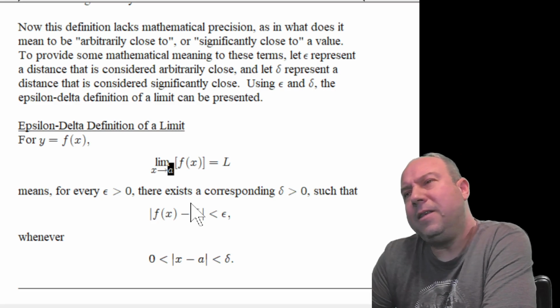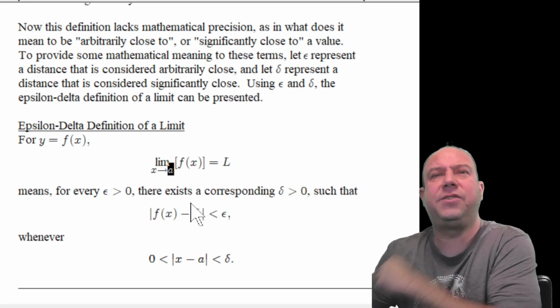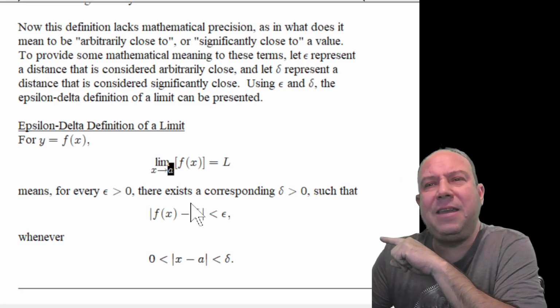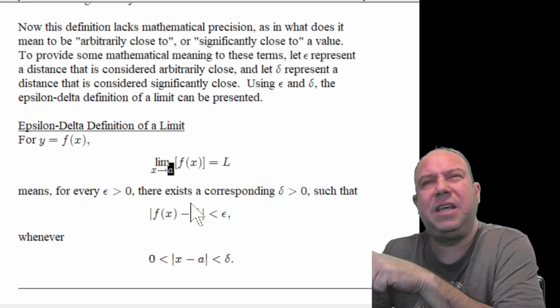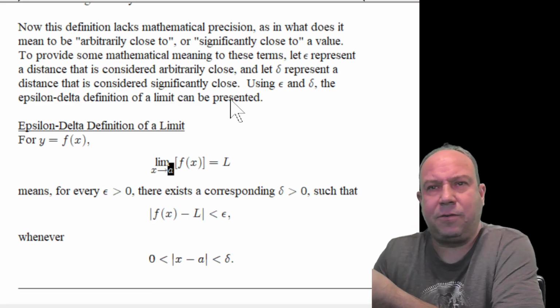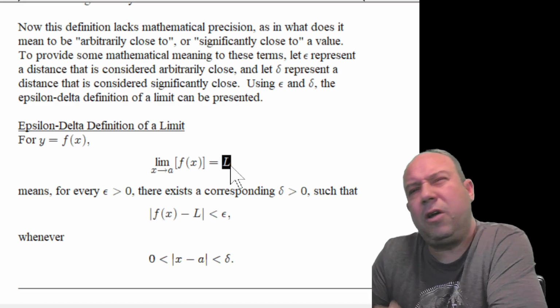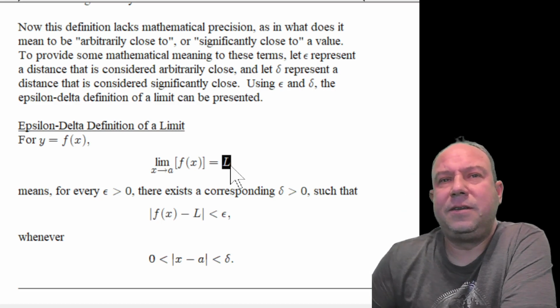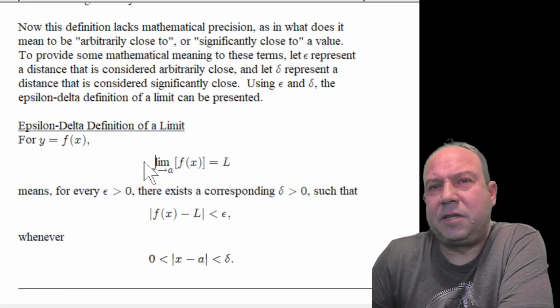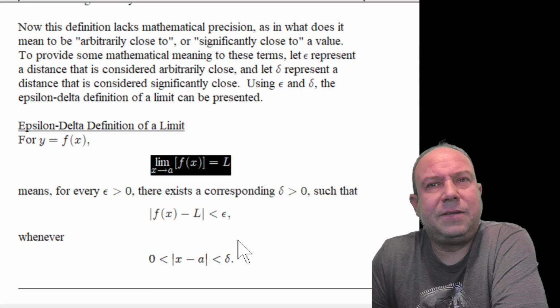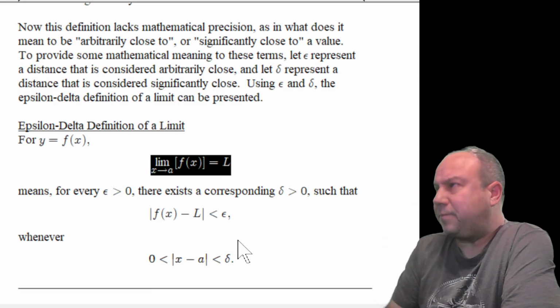This epsilon delta definition of a limit is just a means of proving the result of a limit and not so much used in actually finding the value. If you notice, this definition really does imply that we already know what L is, to be able to define this limiting statement.